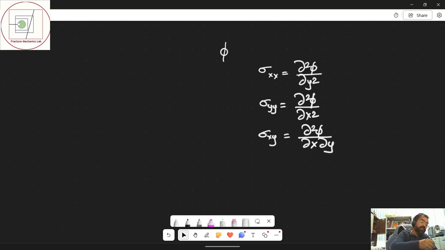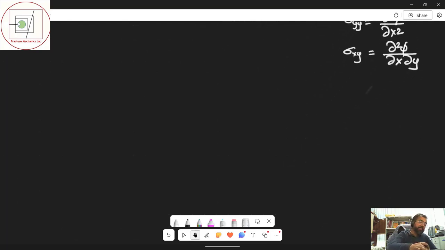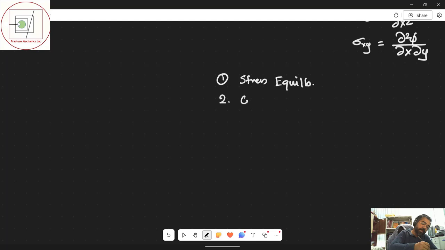Then whatever is the value of function phi, it satisfies two of the important conditions which are required for the stress and strain to hold good for a material point. The first condition is stress equilibrium, and the second one is compatibility, strain compatibility.